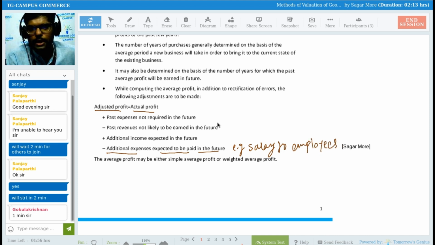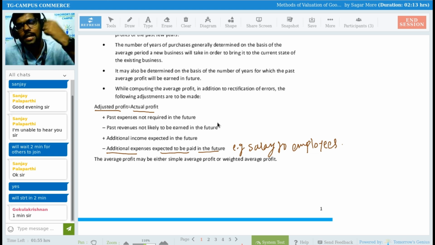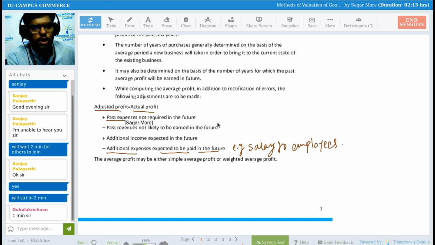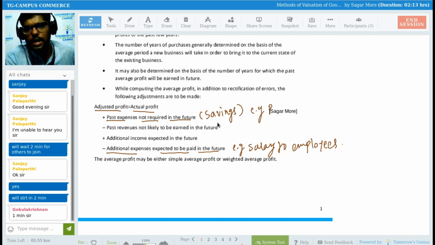If I am planning expansion of my business, 3 workers are required to be employed, and whatever salary I am going to pay to those 3 workers, from my profit I need to subtract. Then past expenses not required in future, that is nothing but saving for me.